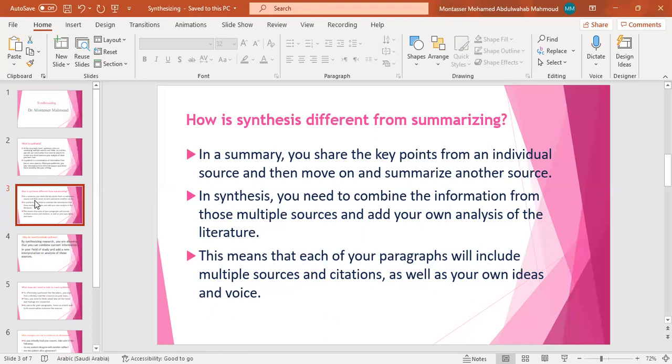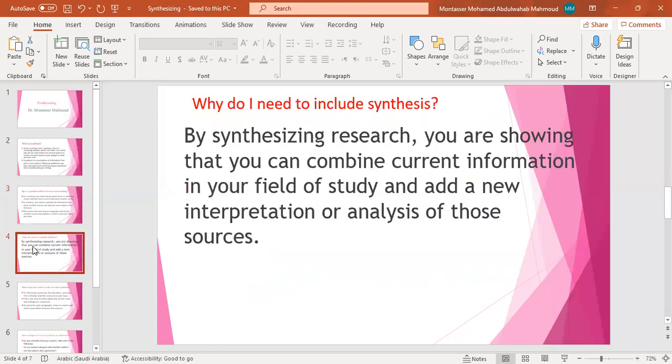So it's completely different from summarizing, in which you only share the key points of an individual source. But in synthesizing, you combine information from multiple sources, and then you add your own analysis, and then you create your own ideas, which are based on your analysis.